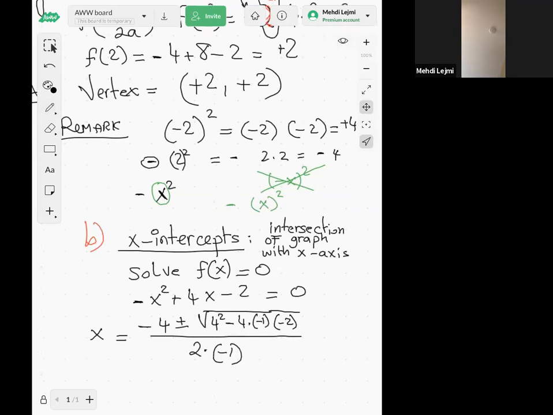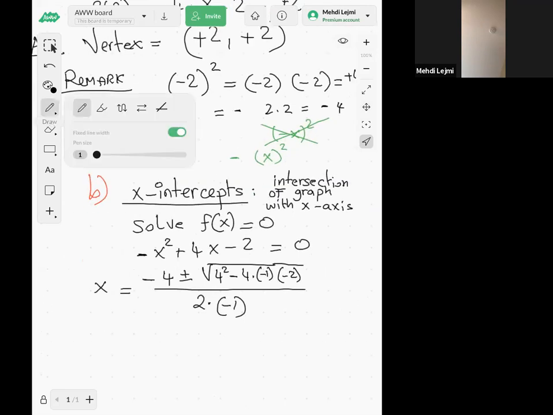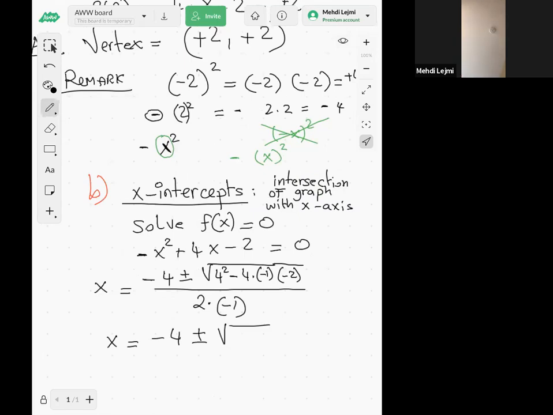So your x would be -4 plus or minus the square root of 4 squared plus 16. There is this minus, that will be plus. So it's actually -8. 16 minus 8 is going to be 8. So this is the square root of 8 over -2, 2 times -1, right?